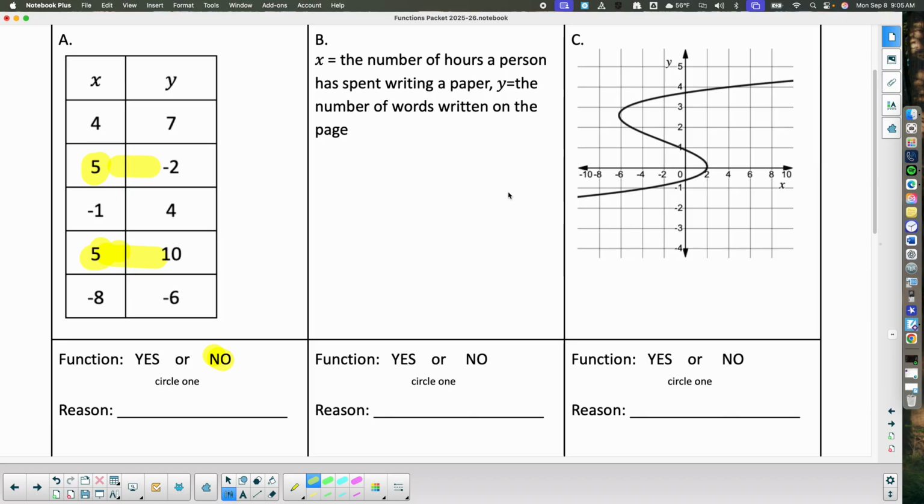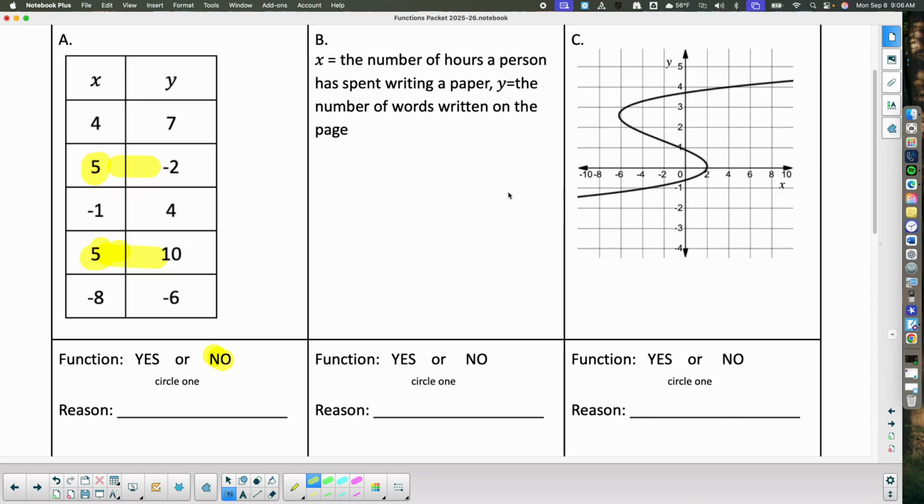Okay, no, that's good. So the reason I say this one's up to interpretation is it's not super clear. If the same person writes a paper 20 times and records how long it took them, would they have the same number of words after 1 hour? The answer would probably be no, because they're all different. Some are hard to write, some are easy to write.